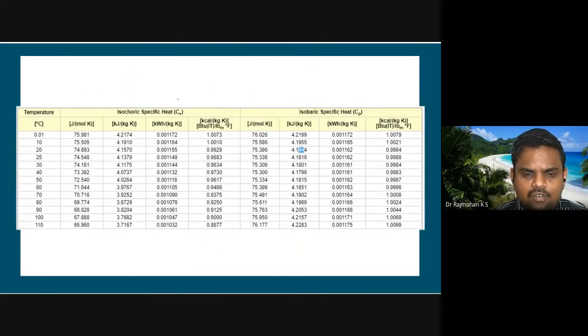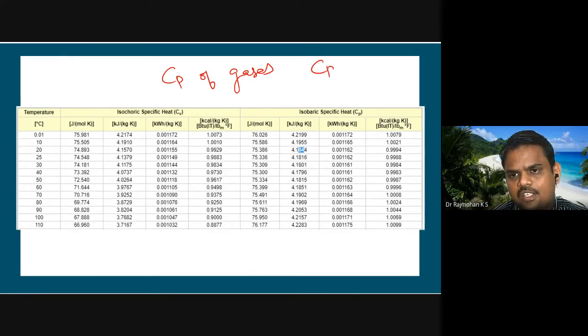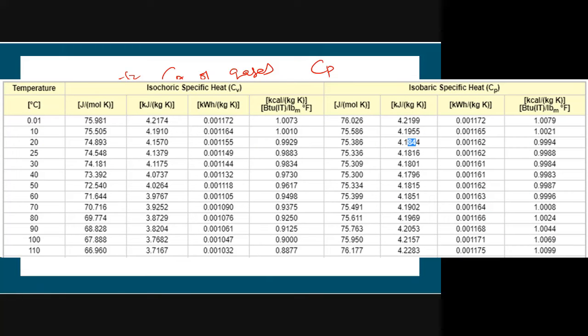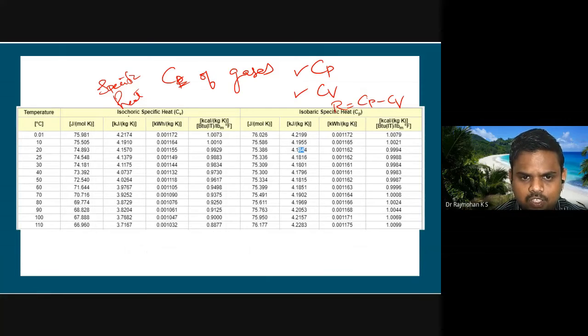So like that, if you look at Cp value for gases, we have seen what is specific heat of gases. Specific heat capacity of gases can be either Cp or Cv, and we have derived the relationship Cp minus Cv, which is equal to universal gas constant R. If it is isochoric condition, that is constant volume system, we have isochoric specific heat, or if it is constant pressure system, isobaric specific heat.